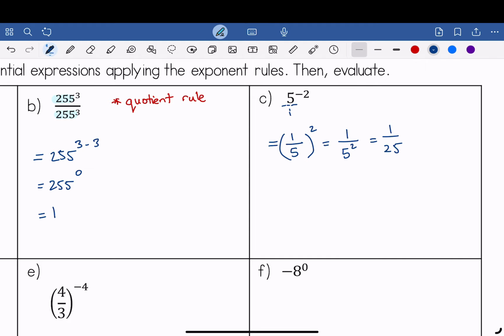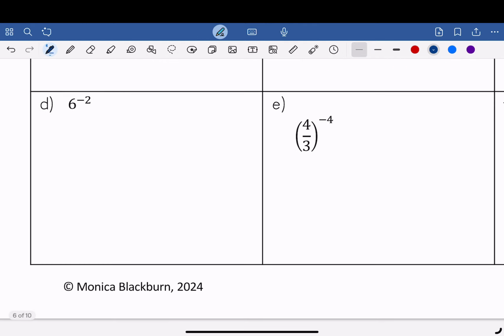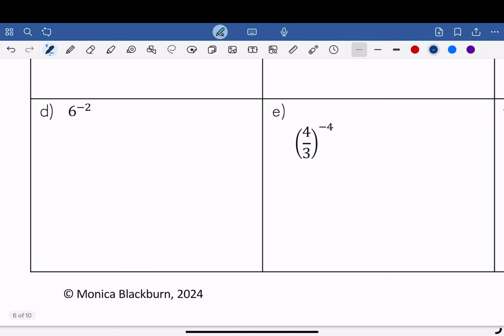D, negative exponent becomes 1 over 6 to the power of 2. And if I distribute the exponent, it is now equal to 1 over 6 to the power of 2, which is 1 over 36. And then E, we have a numerator and denominator, so these two will switch places.